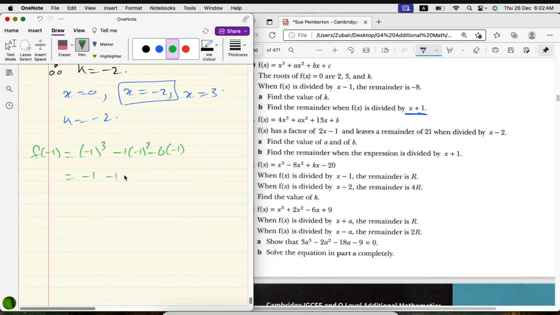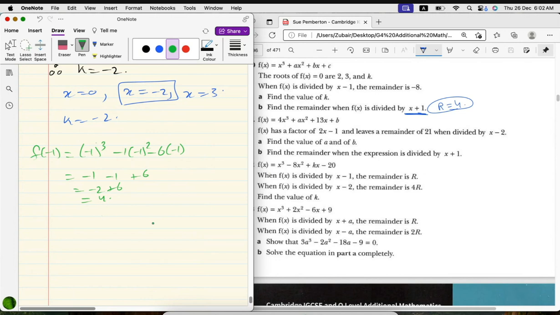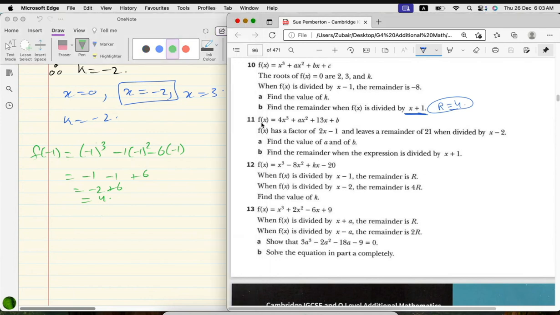Negative 1, negative 1 plus 6. The remainder is 4 when it is divided by x plus 1. Clear? Yes.